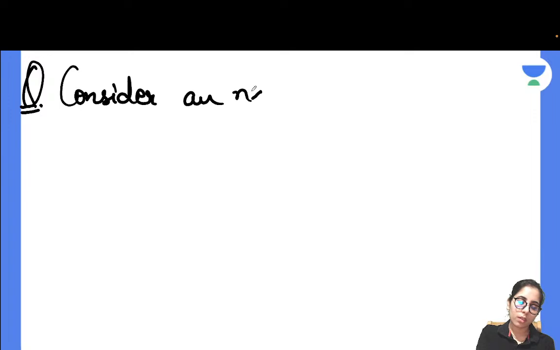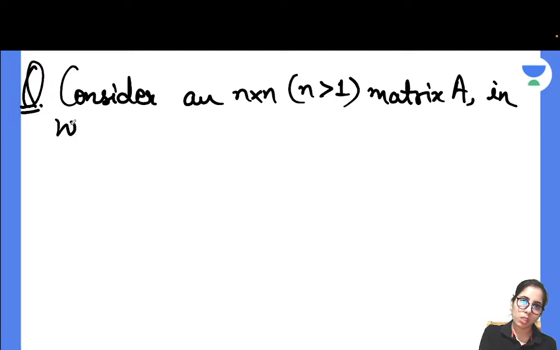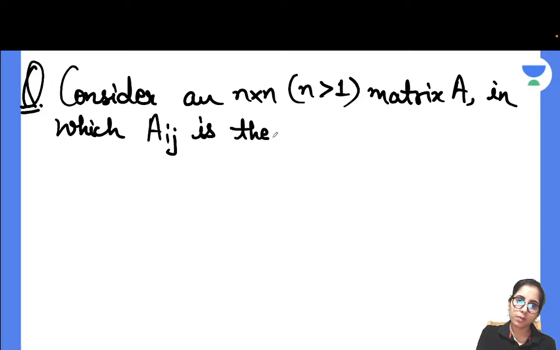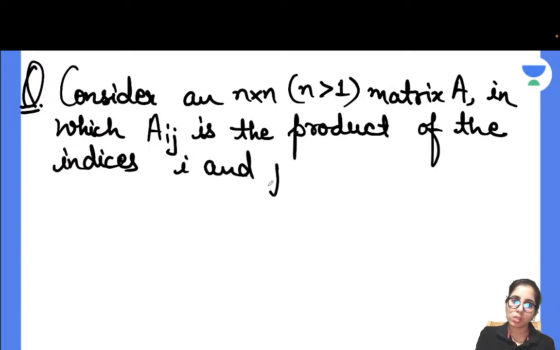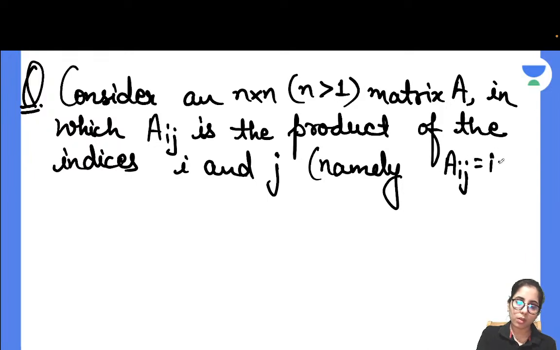Consider an n by n matrix A, where n is greater than 1, in which Aij is the product of the indices i and j, namely Aij is equal to ij.